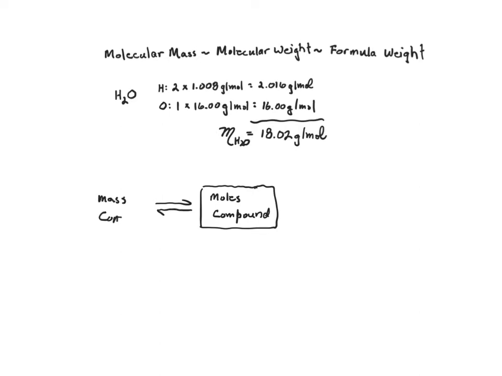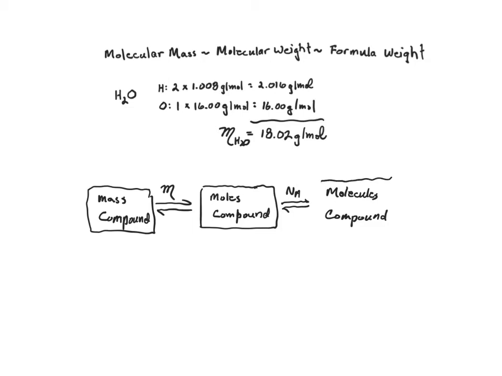And just like before, we can do that conversion using the molar mass of that substance. Now, we can also go to molecules of the compound, because remember, a mole is just a number that describes a number of things. So we can use it just as easily for molecules as we can for atoms. So we can use Avogadro's number as our conversion factor to go between moles and molecules of a compound.